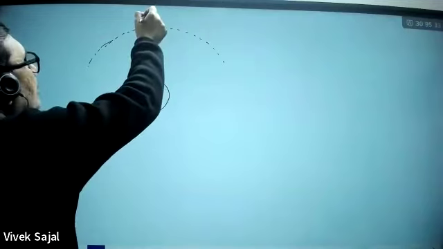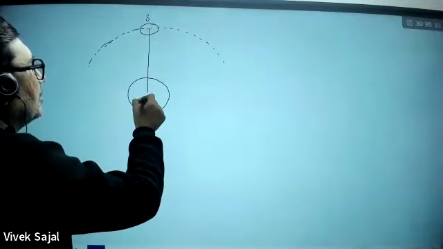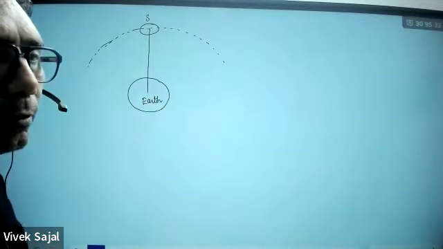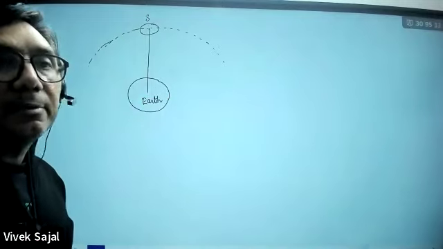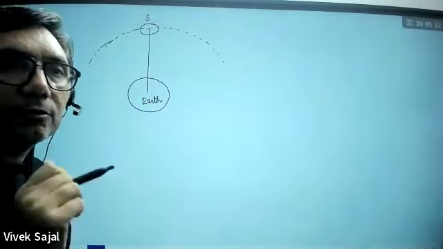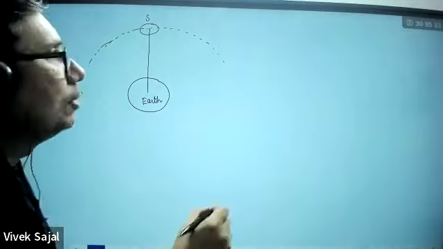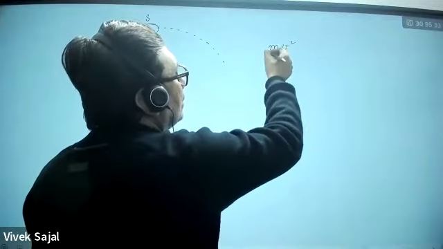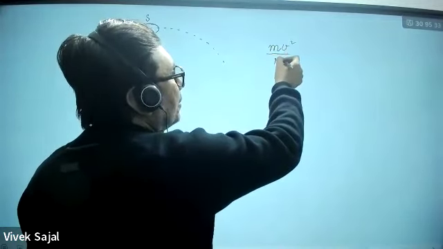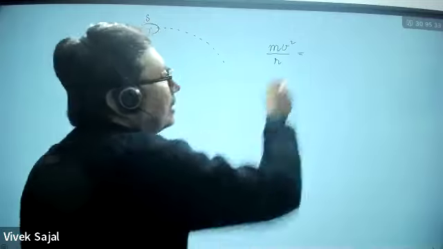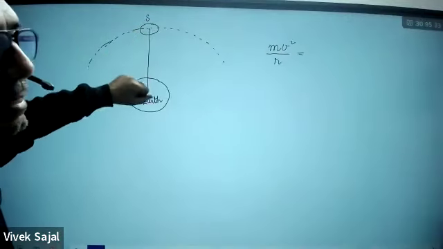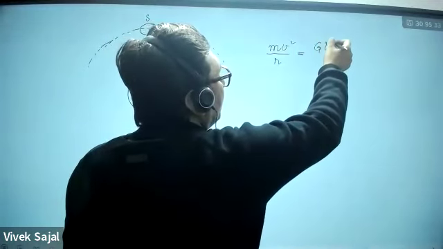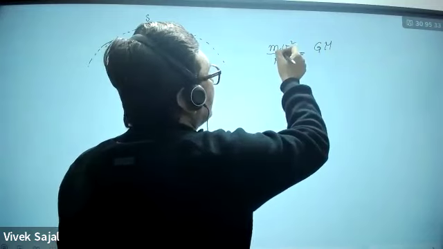If the satellite is undergoing circular motion around the Earth, then who is going to provide the centripetal force? Centripetal force is needed. So who is going to act as the source of centripetal force, mv square upon r? ठीक है ना? That will be the gravitational attraction between the satellite and the Earth. So this will be GM, mass of the Earth, and m is the mass of the satellite.